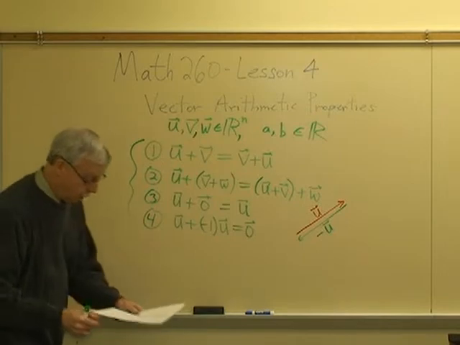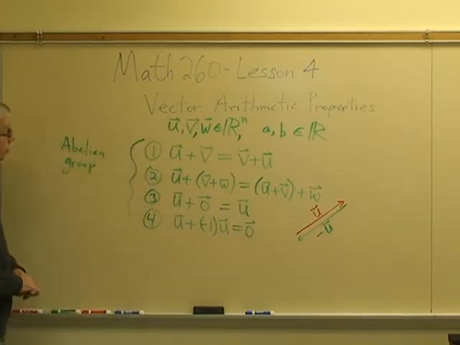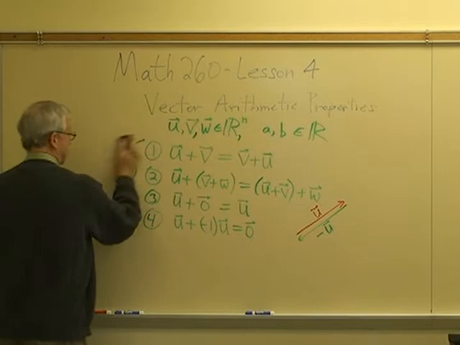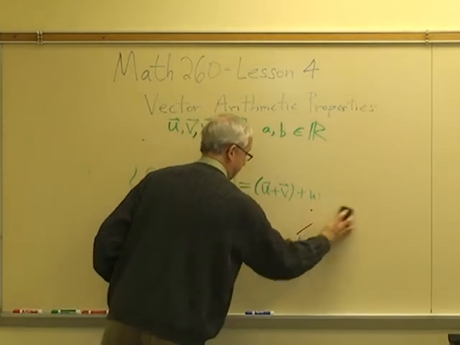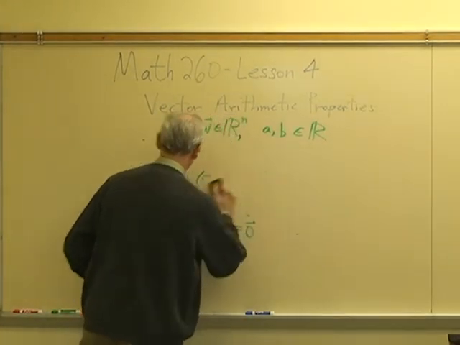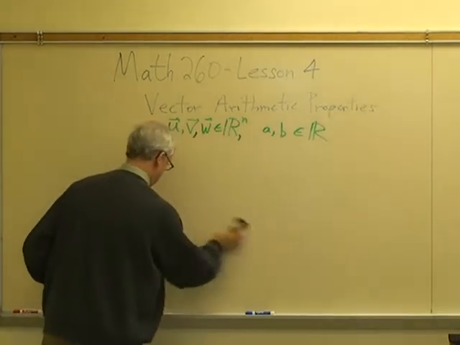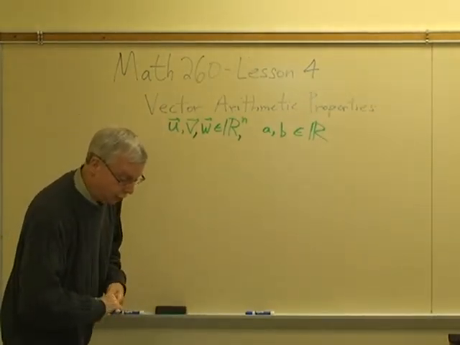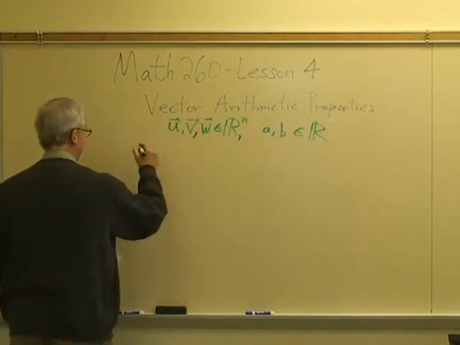Okay, now we want to introduce scalar multiplication to the mix after we've considered these additive properties. And we have the following. Number 5.